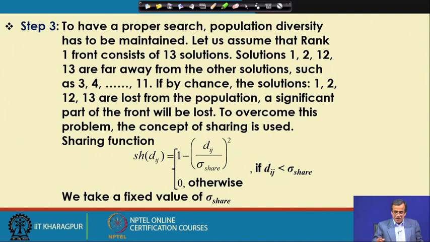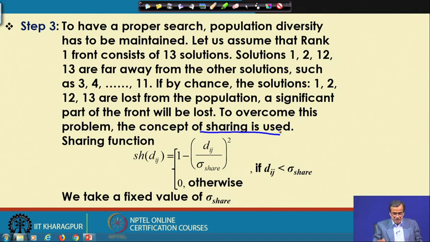Here we have considered 13 solutions in the rank 1, and as I told, solutions 1, 2, 12 and 13 are too far from the other solutions, and there is a possibility those solutions will be lost. That means a significant part of the Pareto optimal front will be lost from the GA solution. To overcome this problem, we use the concept of sharing. Now, let us see how to use this sharing.